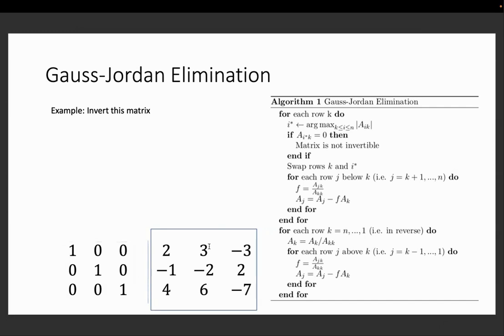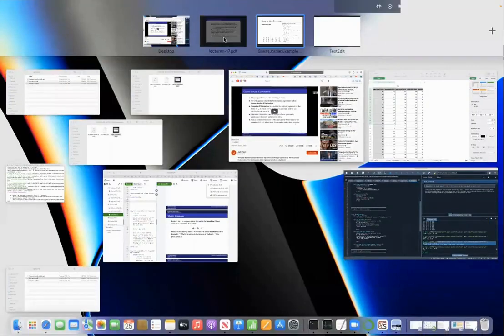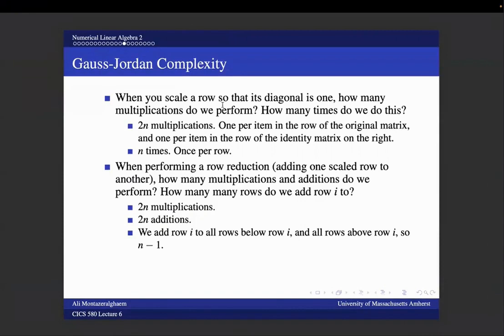So we have 2 times n elements here to compute the multiplication, right? So 1 per item in the row in the original matrix, and then 1 per item in the row of the identity matrix on the right. So we have 2n multiplications, right? And then we do that n times because we have n rows in the matrix, right?